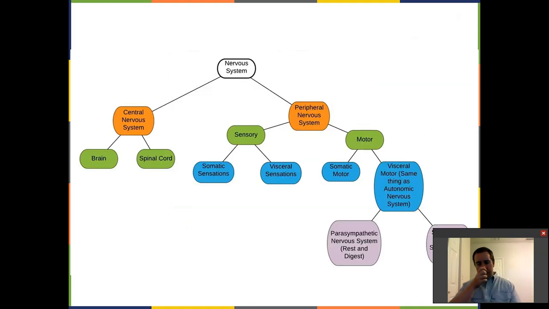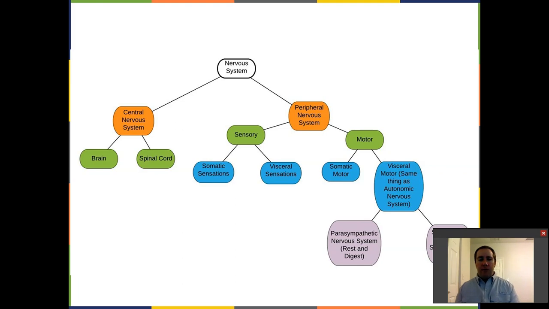So the nervous system is a very, very broad term. We take the nervous system and we break it down into a lot of subparts. The largest level of subparts is the central nervous system versus the peripheral nervous system.